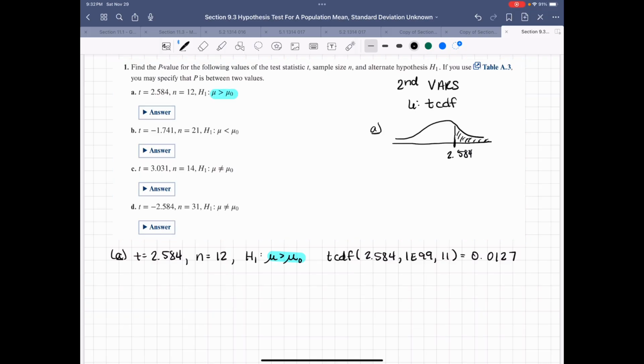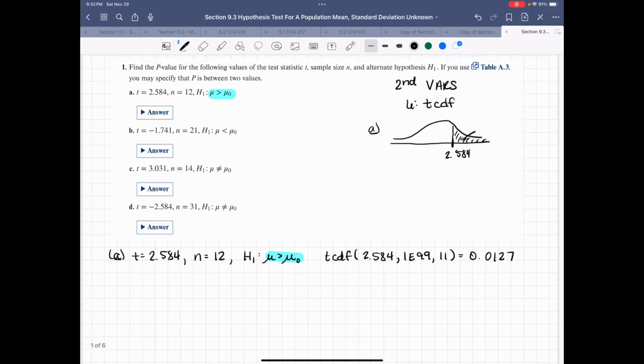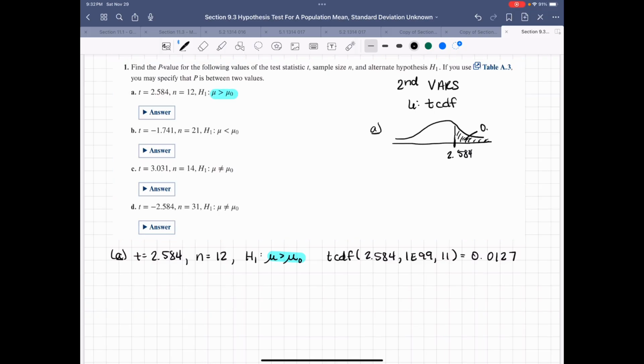So we're looking for that right tail there. And we're saying that p-value is 0.0127. That's that chunk right there. So I can say my p-value equals 0.0127. I'll put that in green.